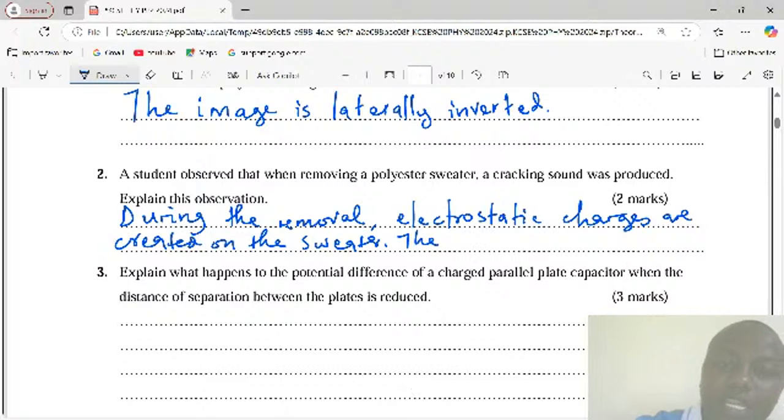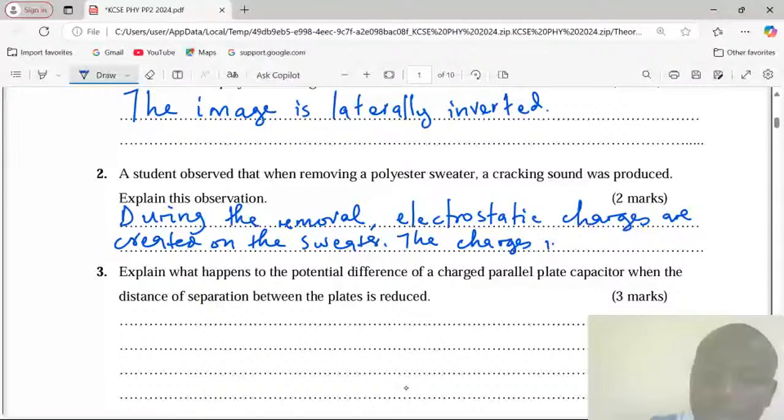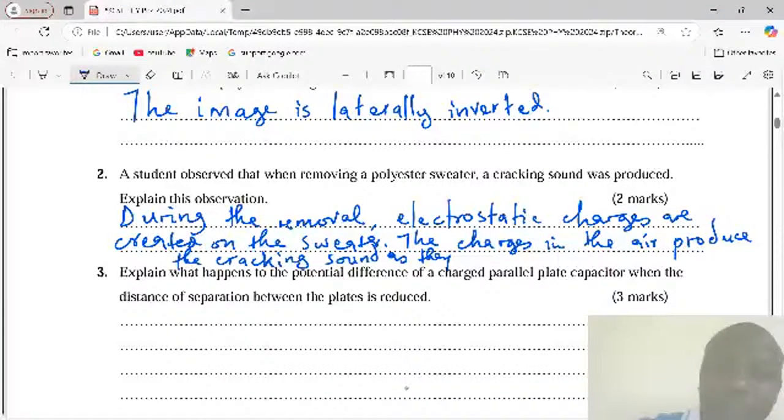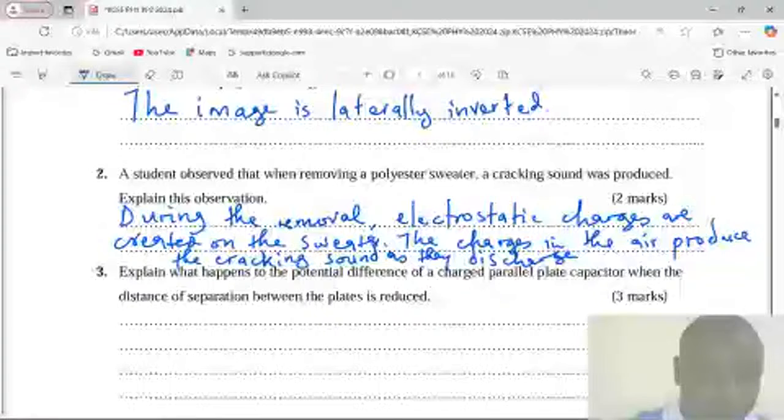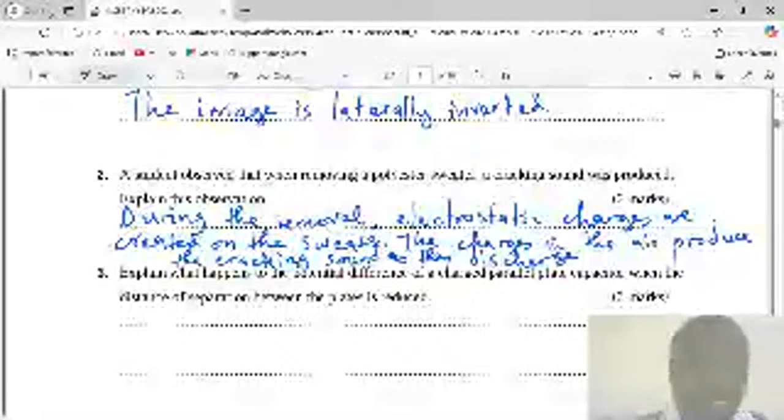The charges in the air produce the cracking sound as they neutralize with the charges formed on the sweater. So during the discharging, a sound is produced.